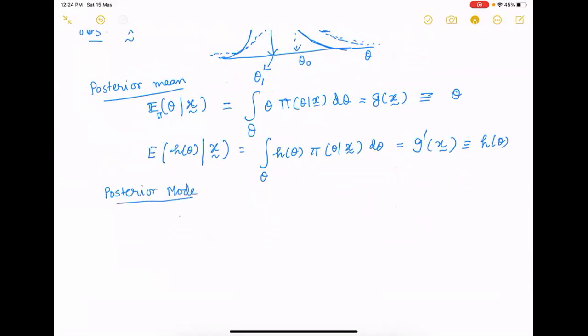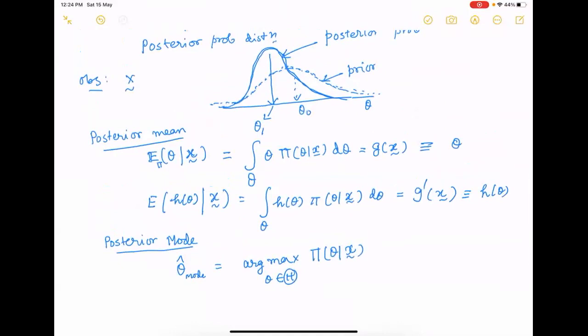Another thing I can use is the posterior mode. The posterior mode theta hat is the arg max over theta in the parameter space of the posterior distribution. So you take the posterior distribution and try to find the theta where the posterior is highest.